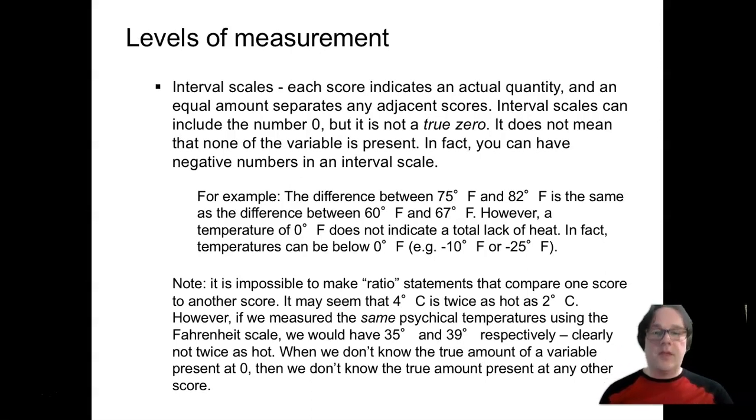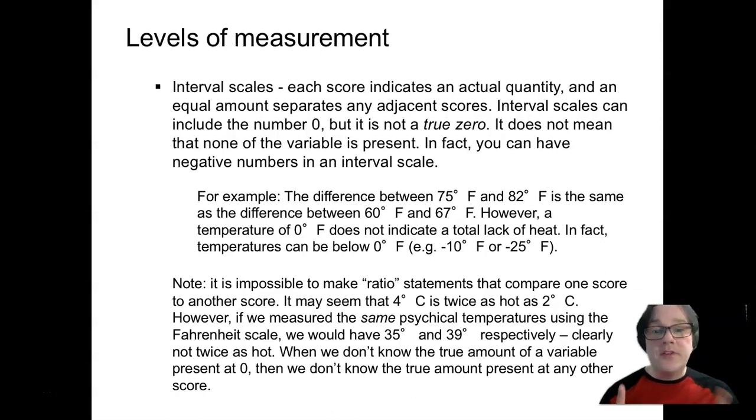We should note that it is possible to make quote-unquote ratio statements that compare one score to another. I just said possible. It's impossible to make ratio statements that compare one score to another because we don't have a true 0 point, right? So it might seem that 4 degrees Celsius is twice as hot as 2 degrees Celsius.